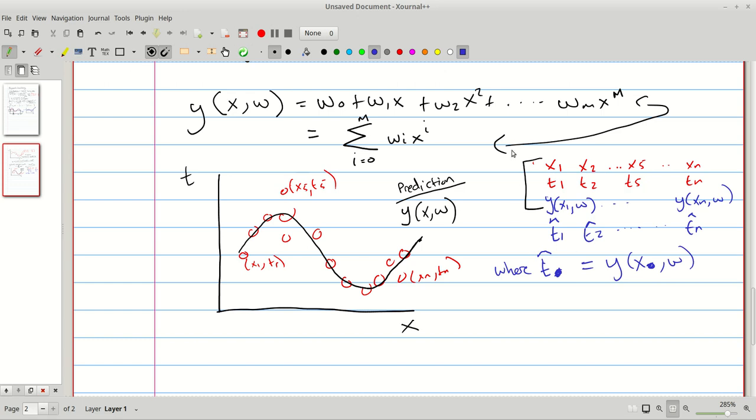This is essentially what we're saying. So this is our prediction, and this is the actual, and we want to minimize them. We want them to be as small as possible.